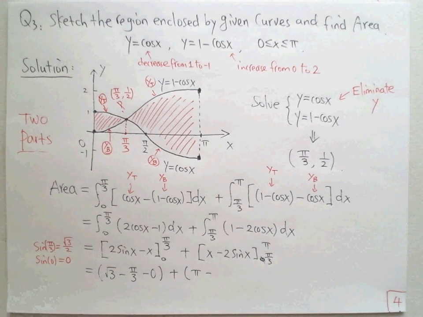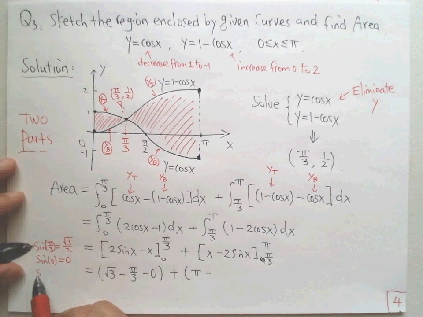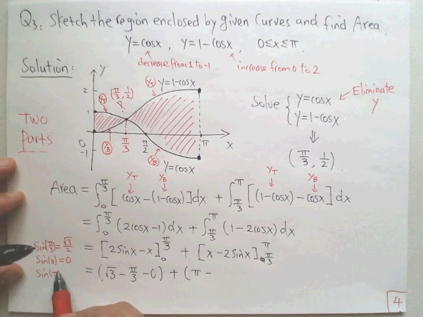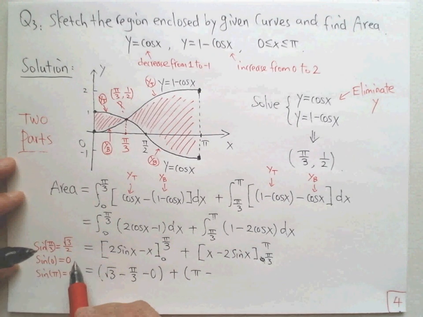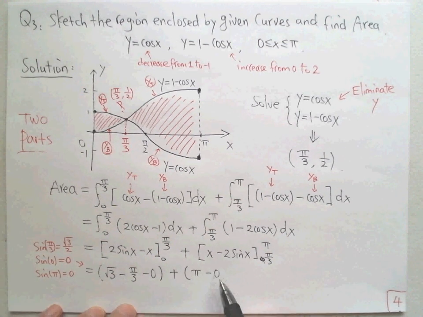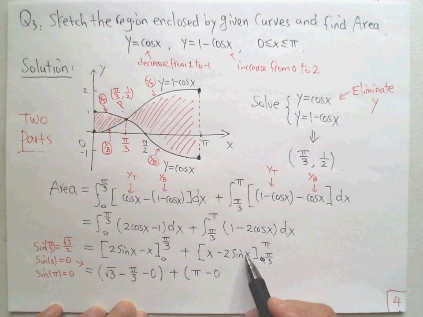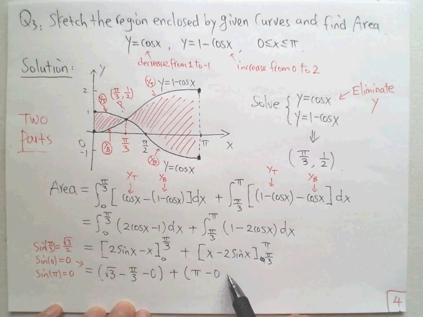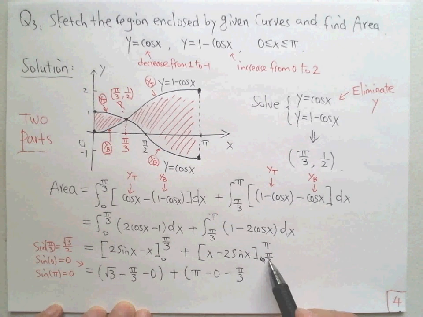Then go to the second. Plugging in pi gives pi minus 2 sine pi. What is sine pi? Sine pi is 0. So minus 0, and then plug in 60 degrees.